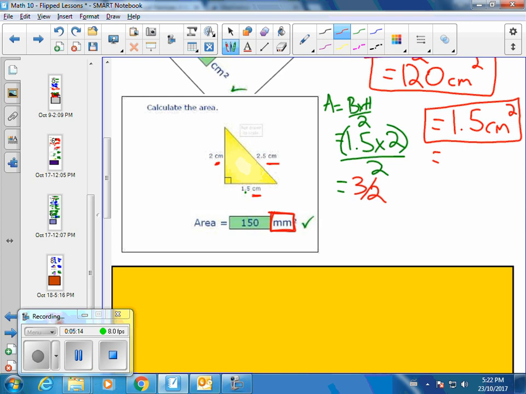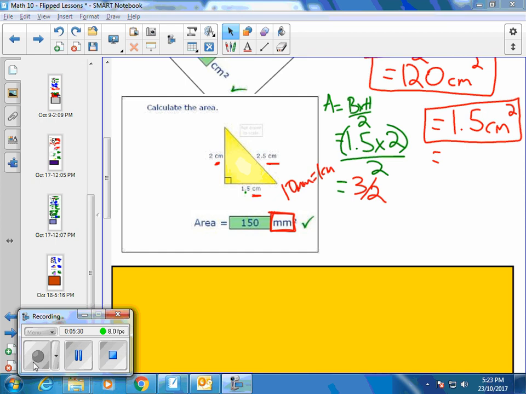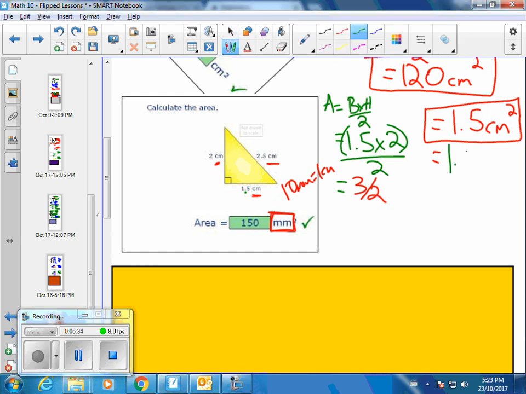How many millimeters are in a centimeter? 10. Sorry, 10 millimeters to 1 centimeter. So we're going to multiply that by 10, and what we get, oops, sorry, that should be over here. What we get is actually 15 millimeters squared.